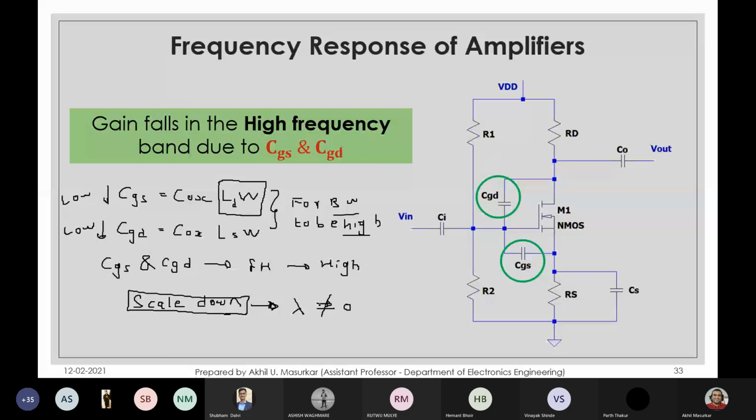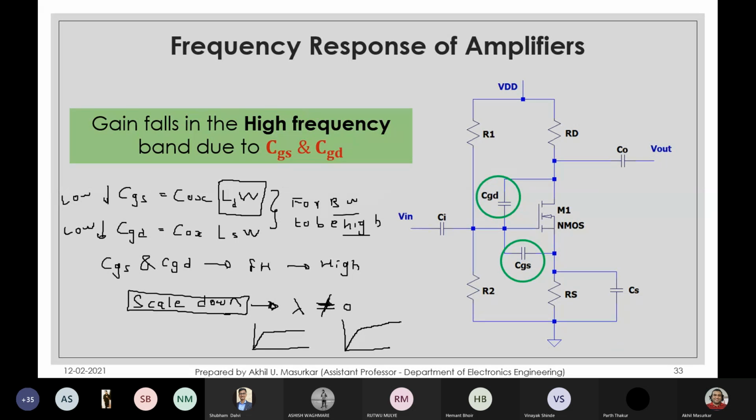And if lambda is equal to 0, then ideally the characteristics of the MOSFET are flat. But if you make the device small, then I get some non-linearity. So you may increase the bandwidth, but your amplification would get affected.